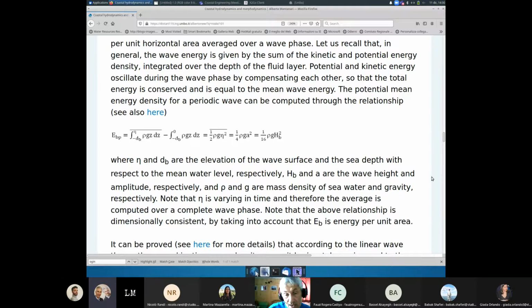And for this reason, I decided last time to introduce this energy computation and to give you one week before making these additional considerations. These additional considerations have the purpose of checking if you fully understood how the energy of the wave is computed.